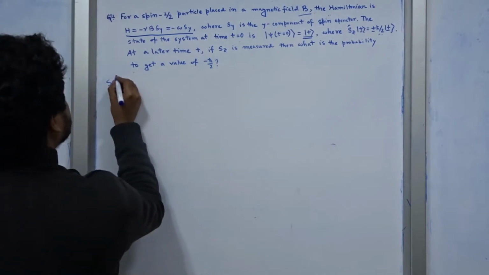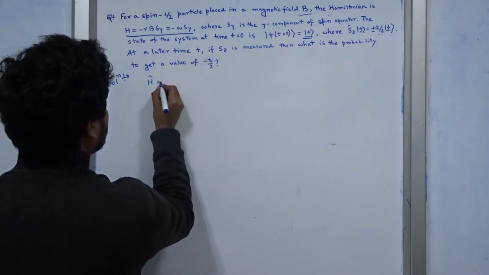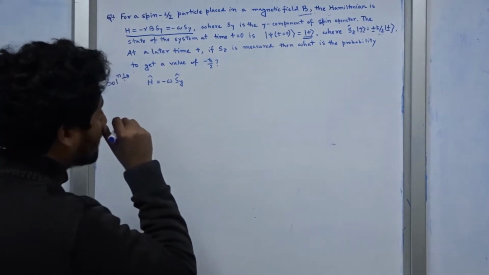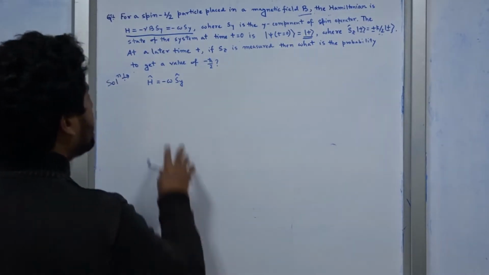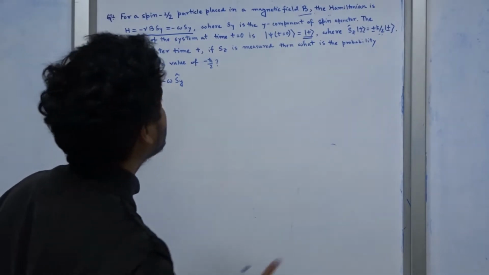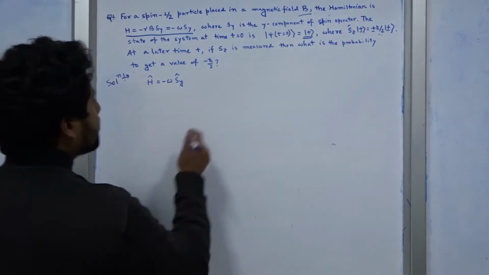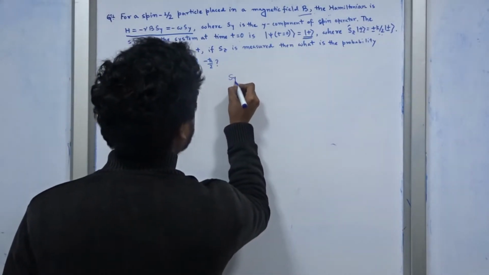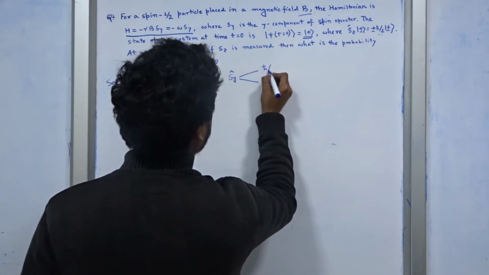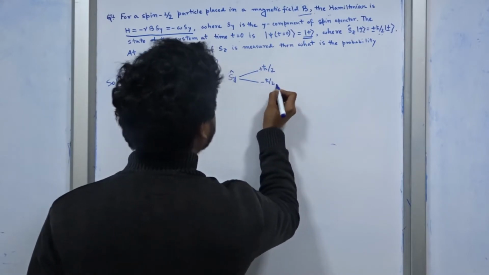So I'll just write the Hamiltonian. That's the most important thing. So this is my Hamiltonian. The key point here is that this Hamiltonian is minus omega, which is some frequency, times the Sy operator. So we know the Sy operator has eigenvalues of plus h bar by 2 and minus h bar by 2.